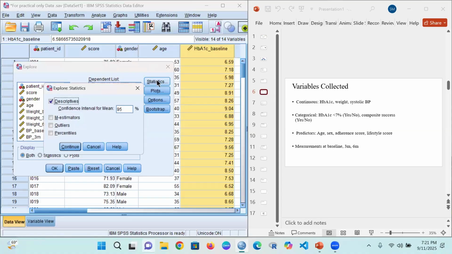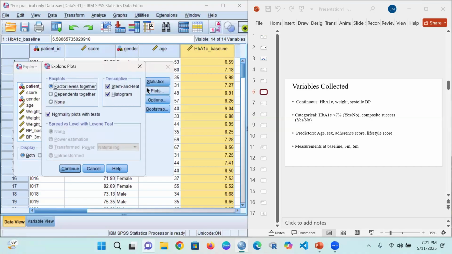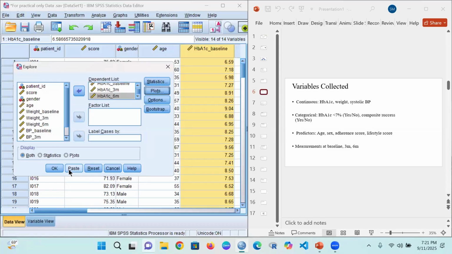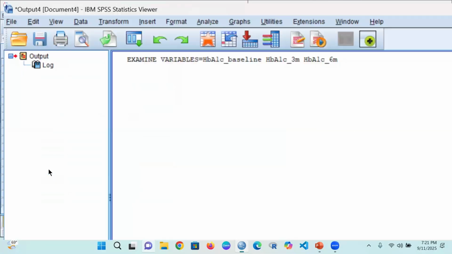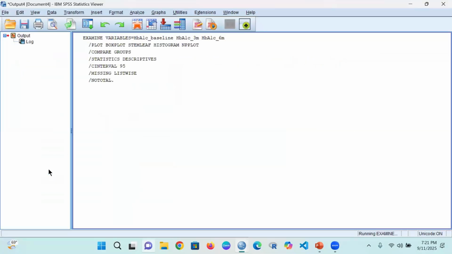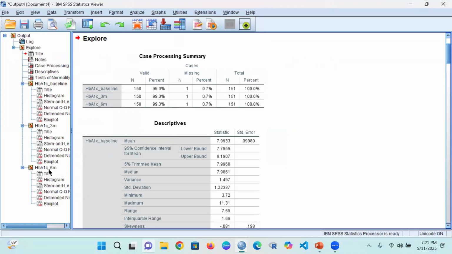Then I go to Statistics, that is Descriptive, and go to Plots. I want to check through the histogram, so you mark the histogram and the normality plots with tests. You continue, then under Display you check both the statistics and the plots. Then you run and click OK.